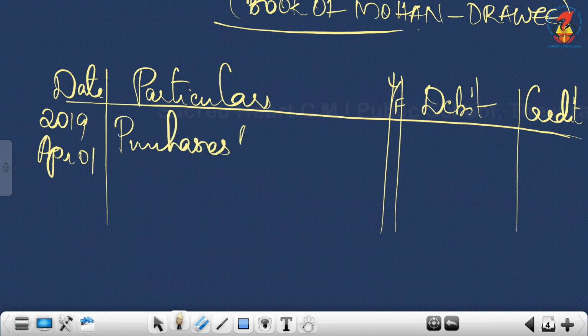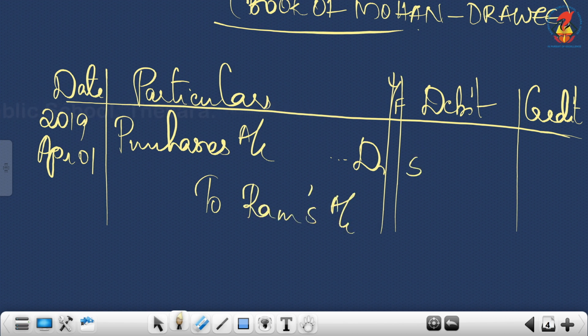So that is purchases account debtor to. Here also we can ignore GST. So purchases account debtor to Ram's account, the same amount, just the reverse of the previous journal.